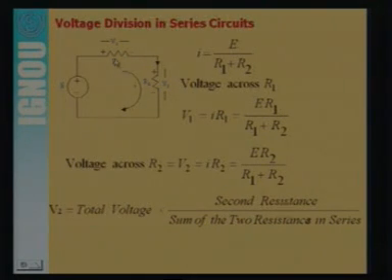The voltage across R1 is equal to the total voltage multiplied by R1 divided by R1 plus R2. Similarly, the voltage across the second resistance is the total voltage multiplied by the second resistance divided by first resistance plus second resistance.